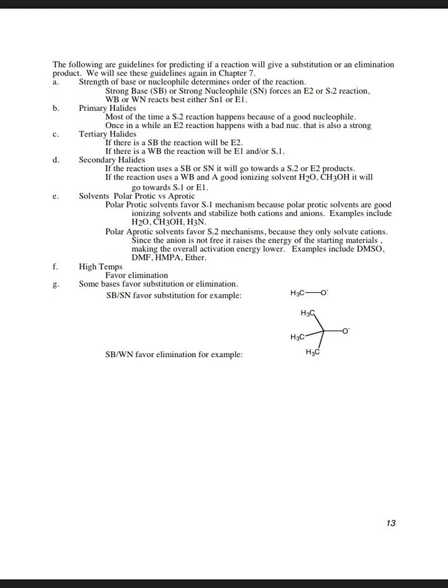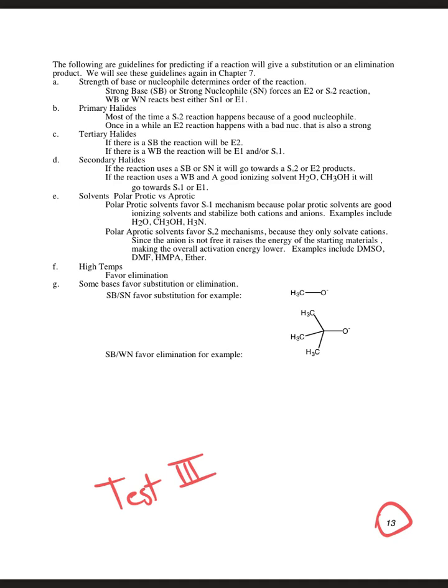This page right here, page 13, is very important. You have to know this material by the time we get to test 3. On test 3, it's all reactions, substitutions and eliminations. So we have SN2, SN1, E1, and E2.